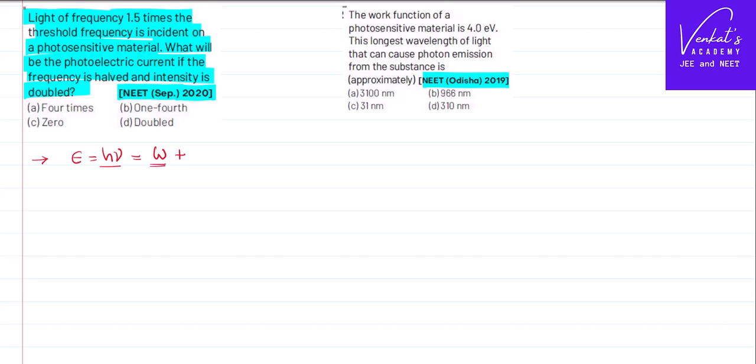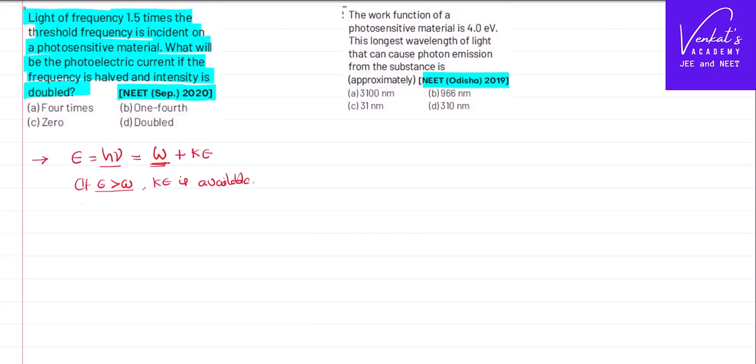After that, if the incident energy is more than the work function, there is extra energy available from the light. That extra energy works like kinetic energy, right? So if energy is greater than work function, kinetic energy is available.